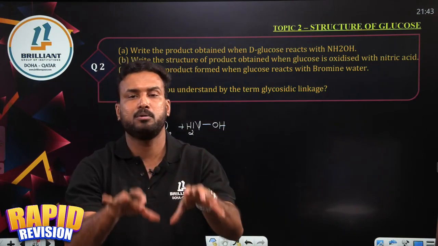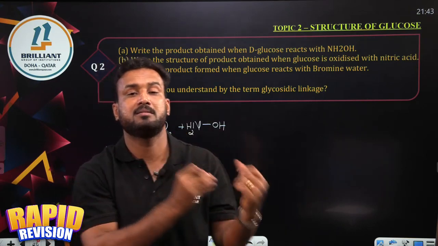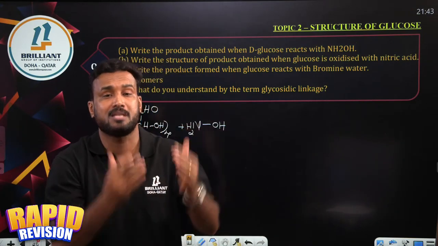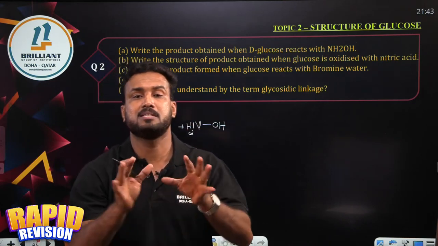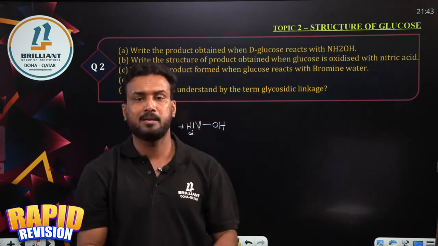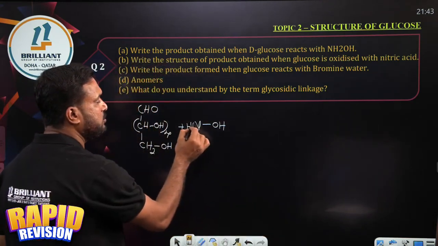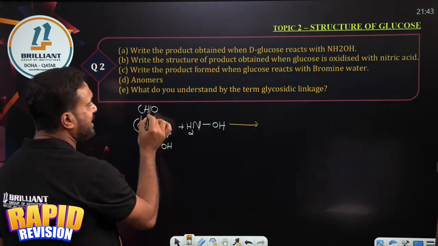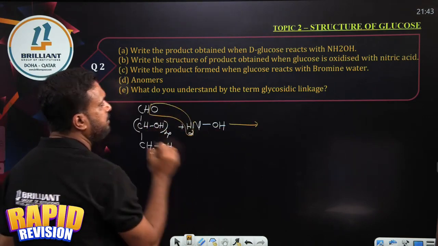If a compound gives an oxime when it reacts with NH2OH, hydroxylamine, it means it consists of a carbonyl functional group. It can be either aldehyde or ketone, but a carbonyl functional group is there. Here the reaction takes place like this: H2 and O are removed.